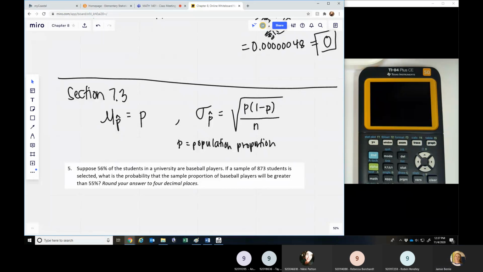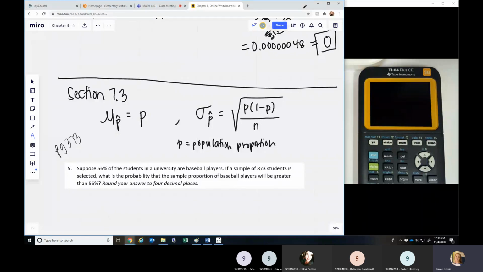Now, I don't know if you guys remember from this section, there were some requirements they asked you to check, or actually they told you that you don't have to check them. You can just assume that these conditions are met. But I just want to remind you of what those conditions were. You can find them on page 373 of your textbook.